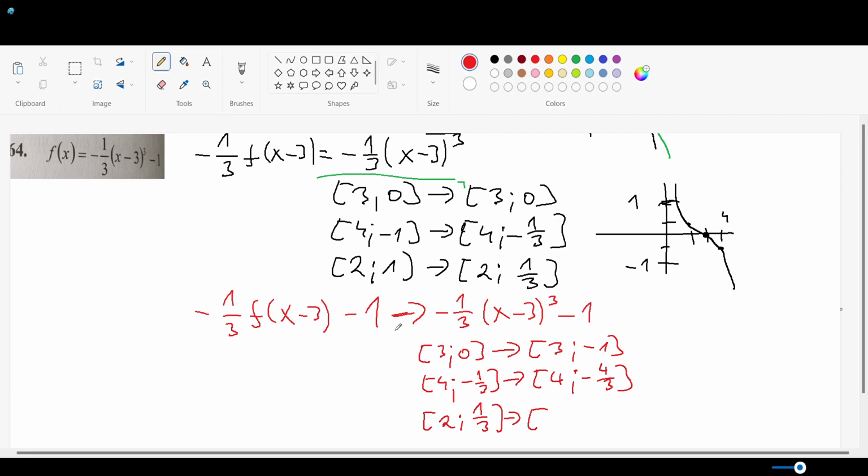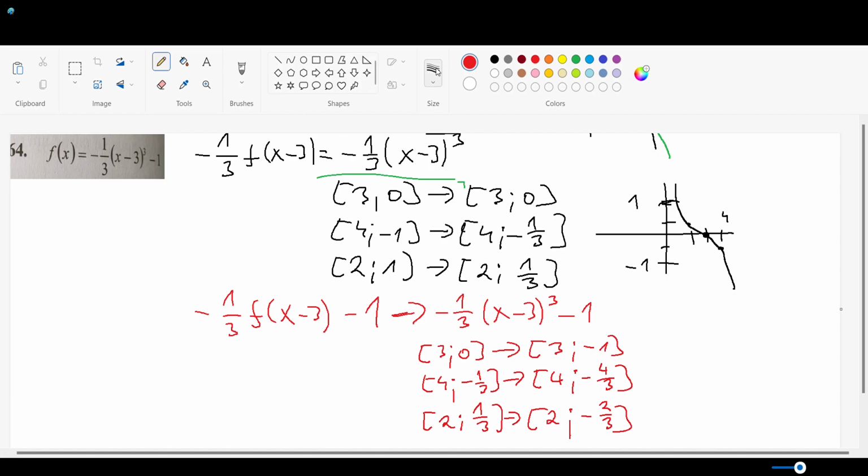Again, I repeat, this transformation has nothing to do with the x value of our point, so it will remain, and 1/3 take away 1. Take away 1 means take away 3/3, so 1 take away 3 is -2 over 3. Okay, so this is the transformation of our point.